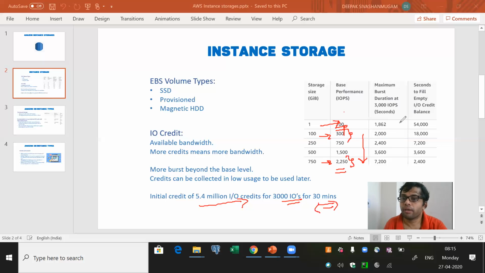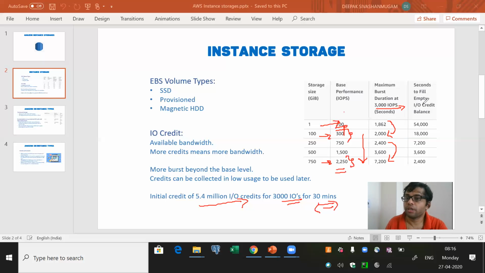You can get a max burst of 3000 IOPS when you are using your credits. Your base is lower, but you can get higher IOPS when you are using the burst credit.